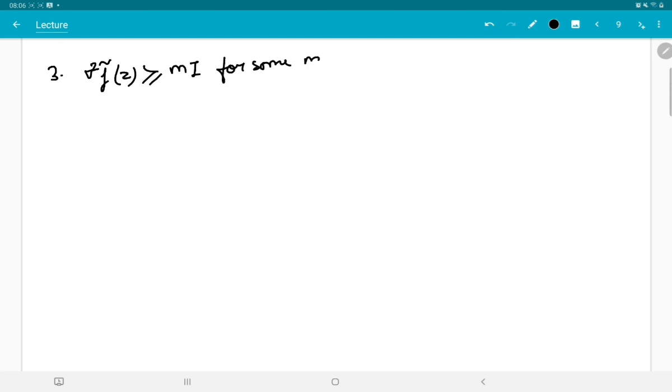So the analysis is similar to the unconstrained problem.